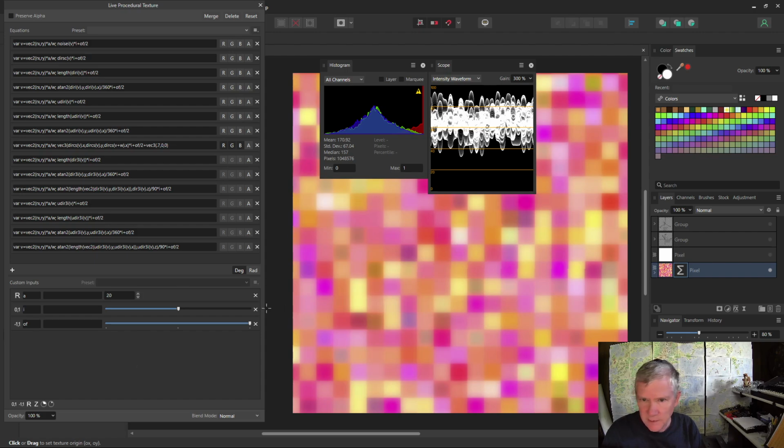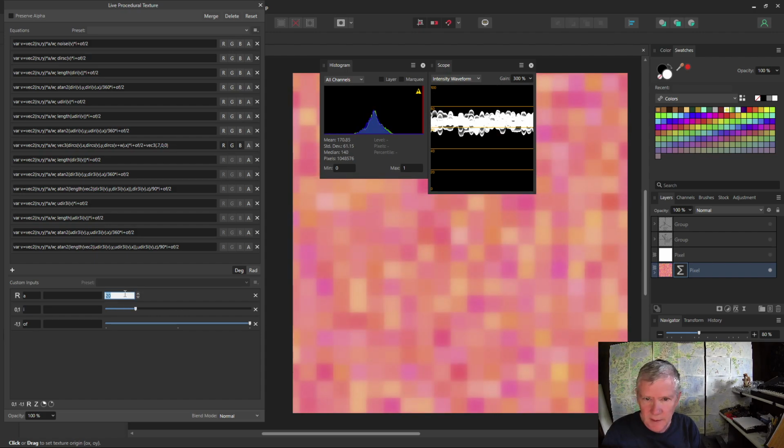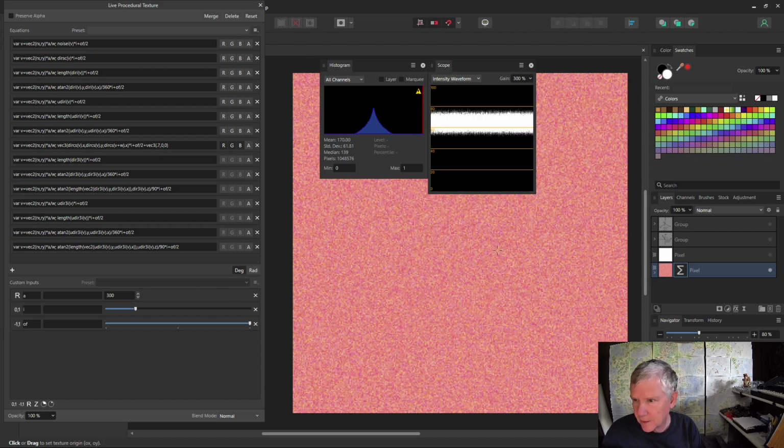And then it varies around that, and I can control how much noise is added to this. And if I set this up to a large value like 300, you get sort of red with a little bit of random color added to it.